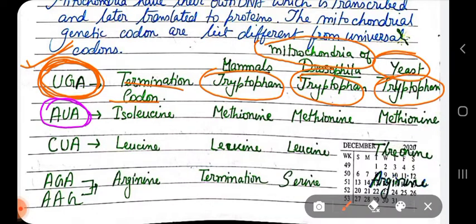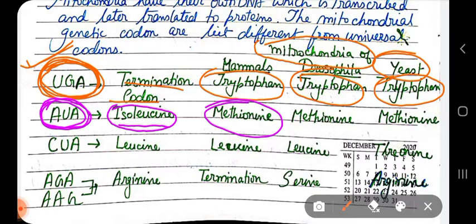AUA. AUA codes for isoleucine normally, if you see the genetic code table. But within the mitochondria of mammals, AUA codes for methionine.